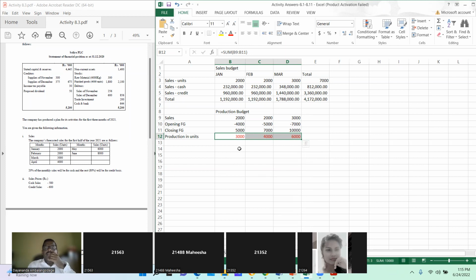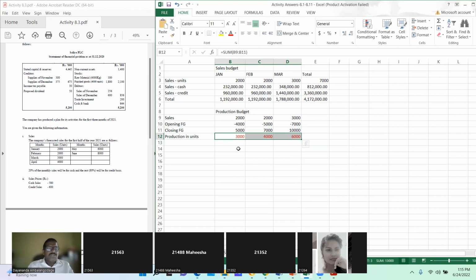Okay. Once you decide the production budget, you see that production budget depends on the sales budget, sales quantity. That is the principal factor or the limiting factor.